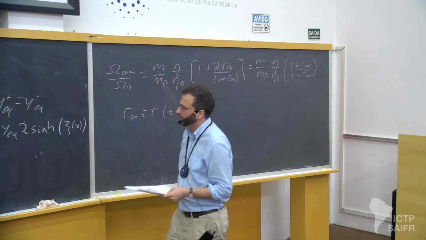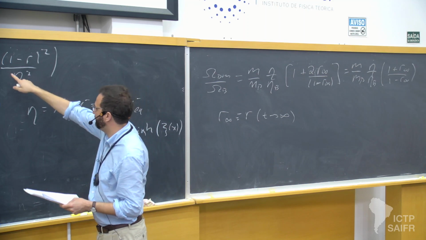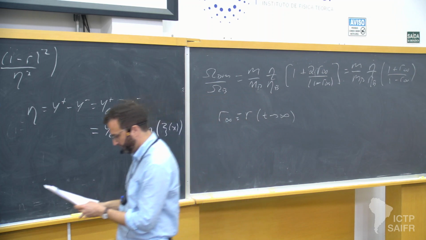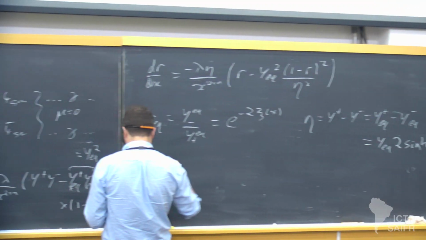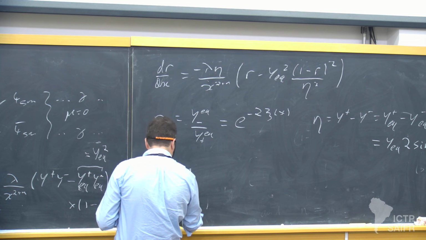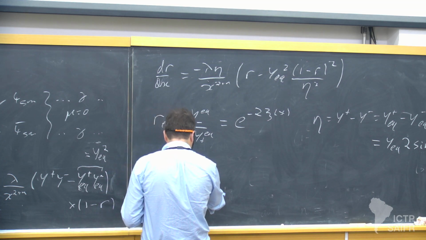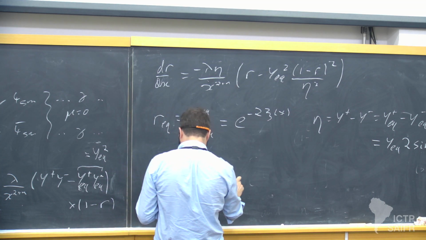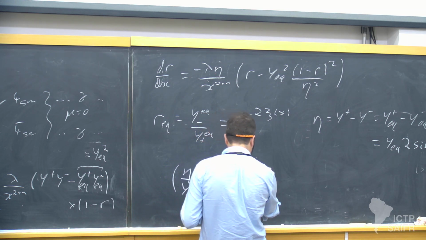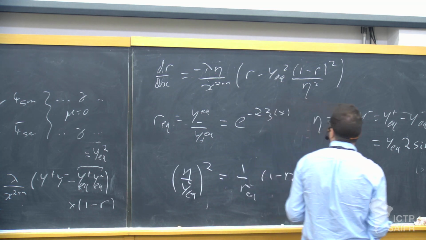Then what we want to do is find eta on y equilibrium. Using this, you can show, just another little exercise of rewriting things, there's no difficult mathematics involved, that this is equal to y r equilibrium, 1 minus r equilibrium, all squared.